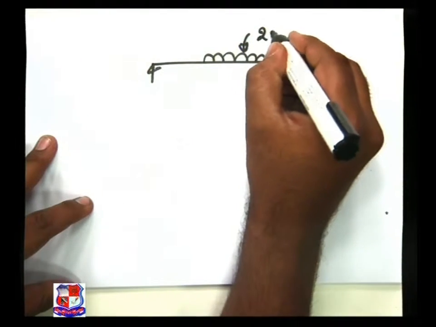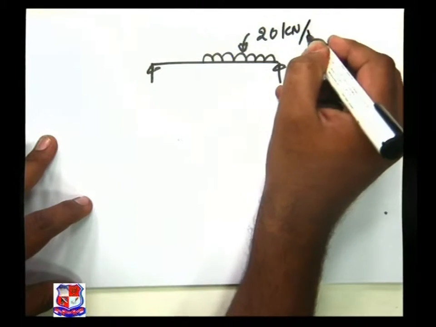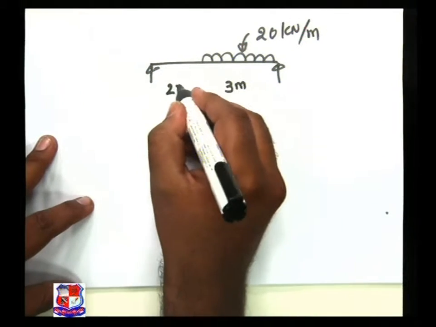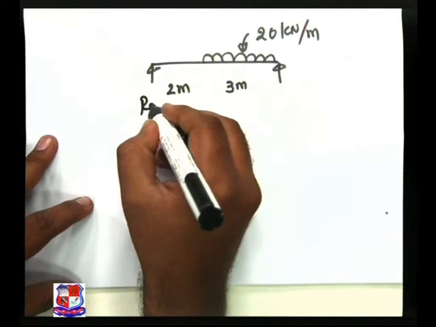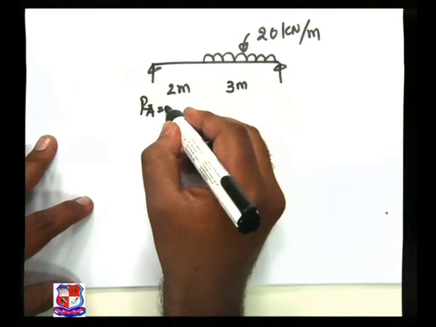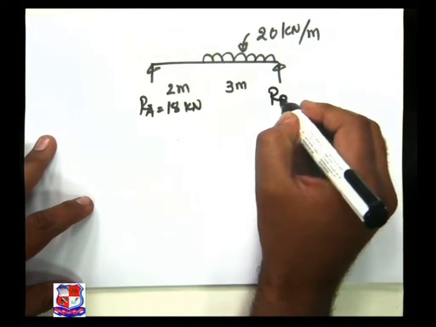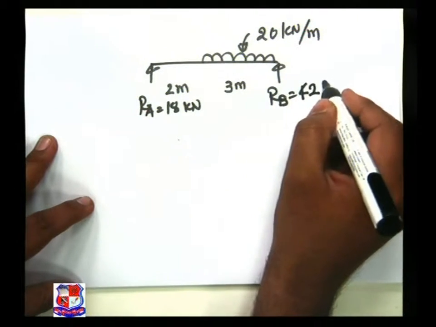The given load value is 20 kilonewton per meter. Length is 3 meter. This length is 2 meter. This is my RA. The value of RA is 18 kilonewton and RB is 42 kilonewton.